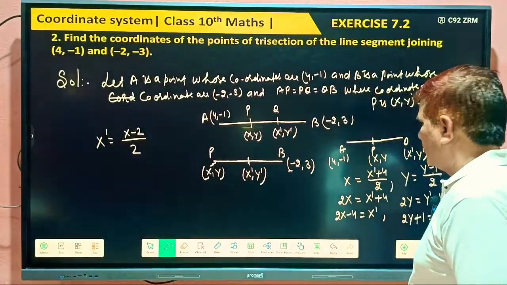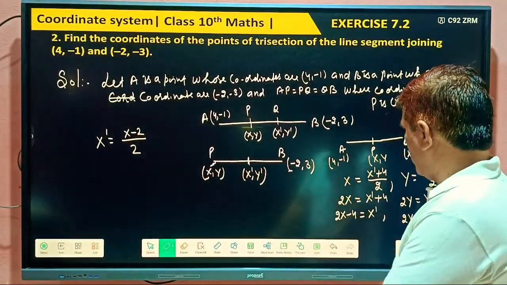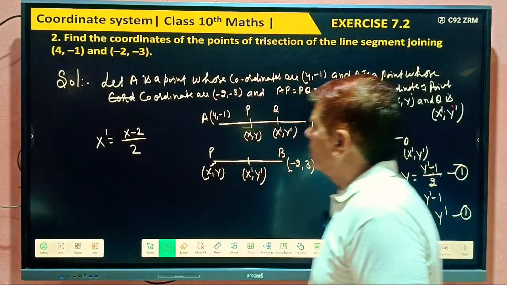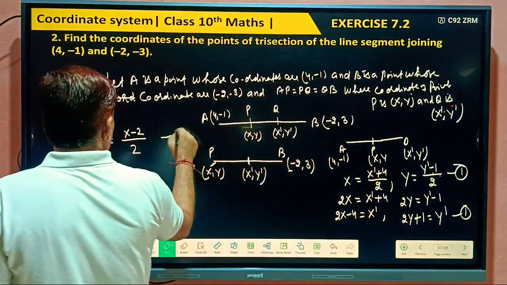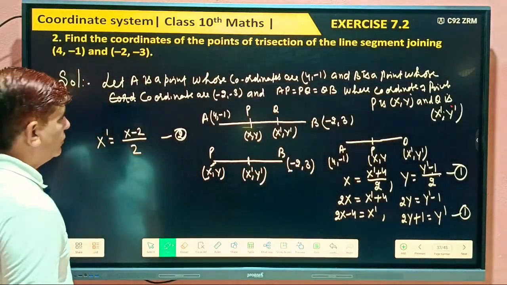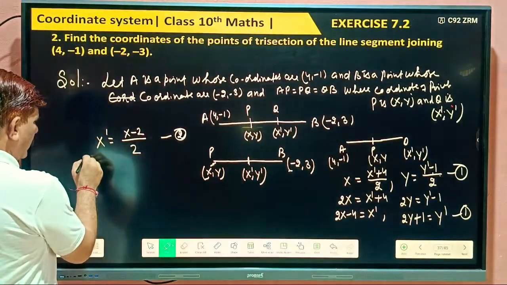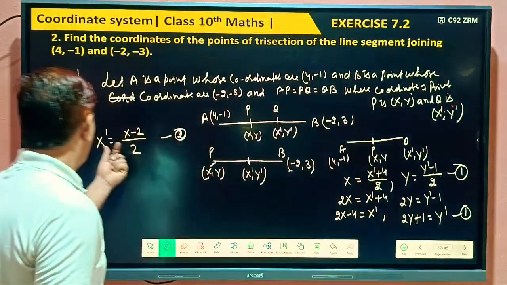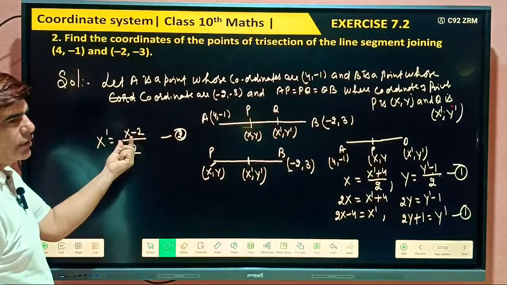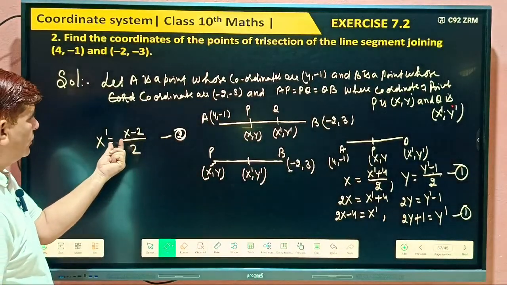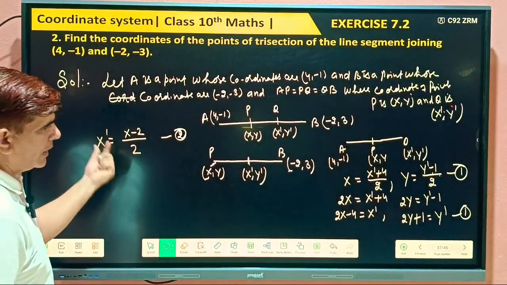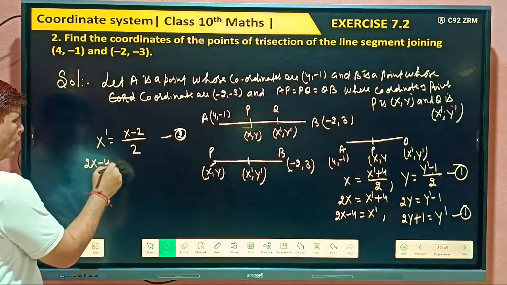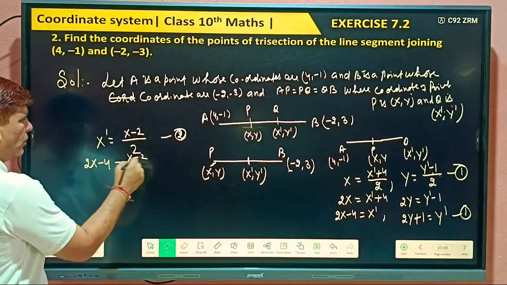This is your first, this is your second. From first, 2x minus 4 is equal to x dash, and here x dash is x minus 2 by 2. What can we take in place of x dash?